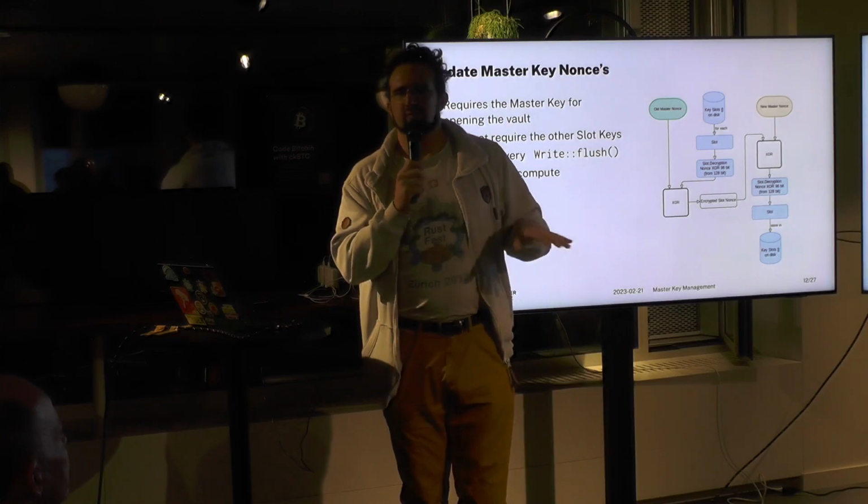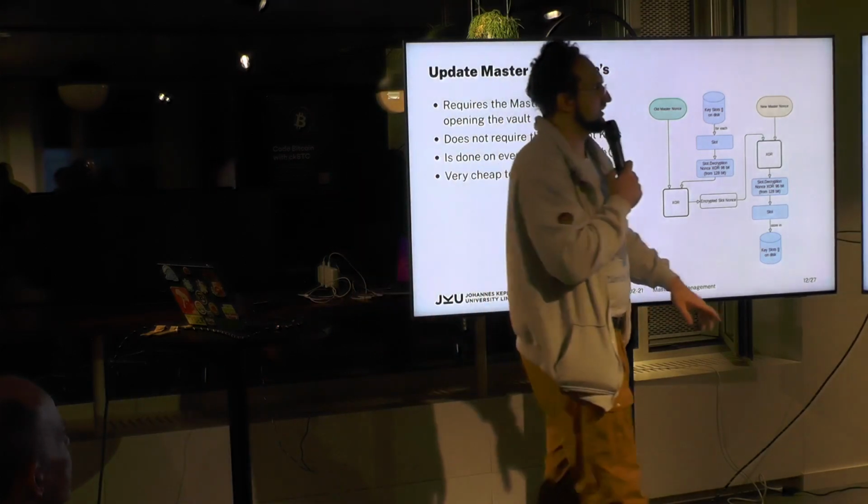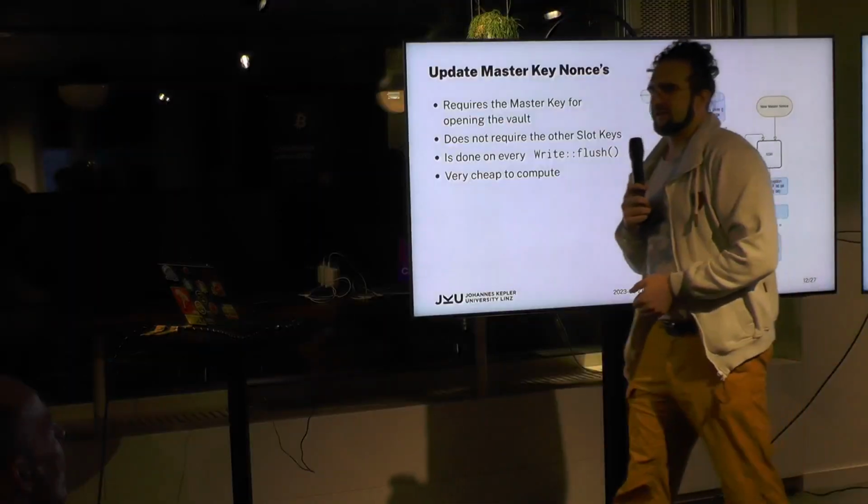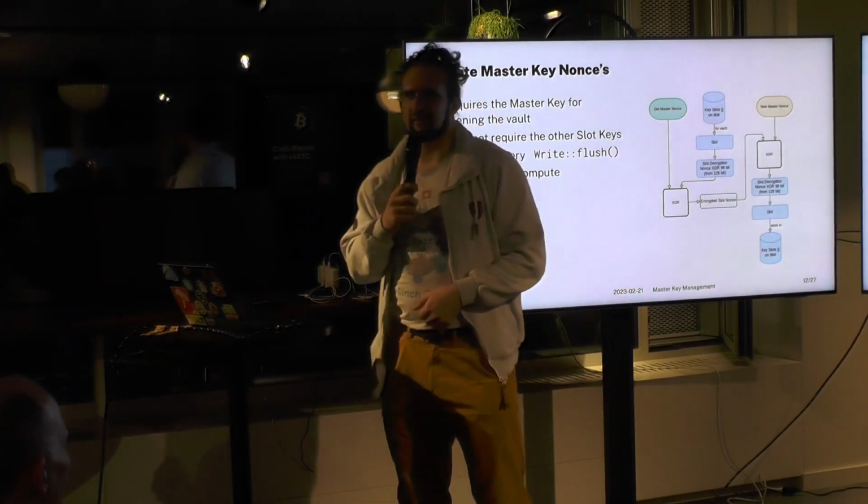And funny story, we don't even need to keep that around, because we just have the old nonce when we decrypted it, and we have the new one, which is usually just +1. And then we can loop through the stored keys, including our own. We don't need to know which one is our key. We XOR the slot nonce, so we have the temporary value, and then XOR it back with a new value, and store it back. That's really neat. Don't need to carry all the keys all the time.